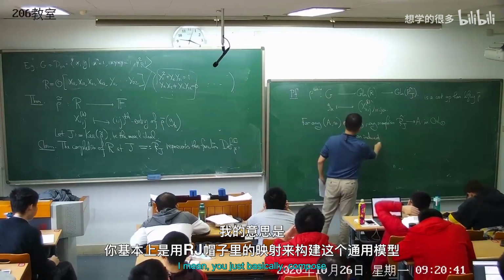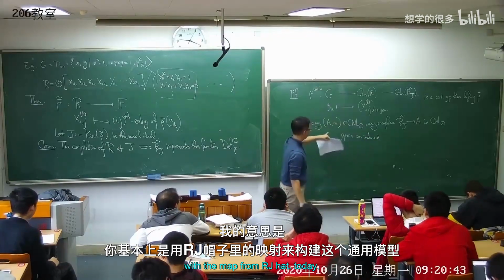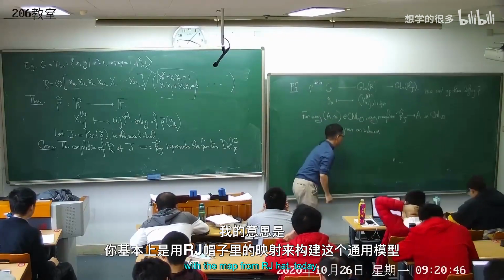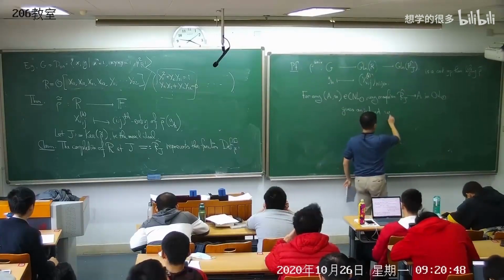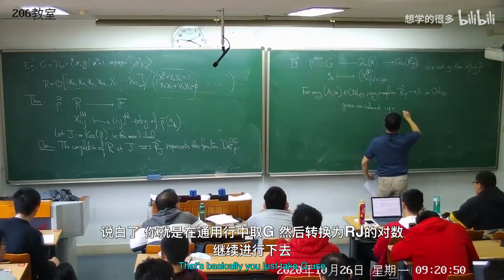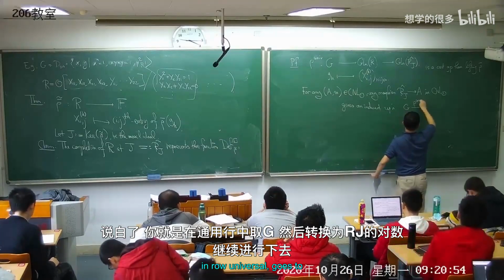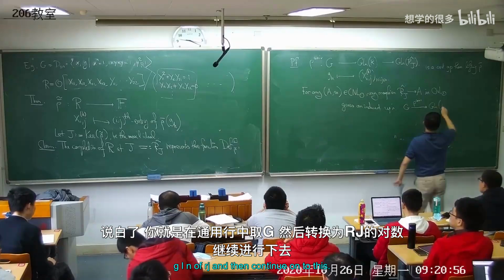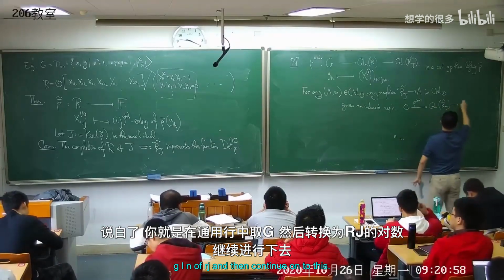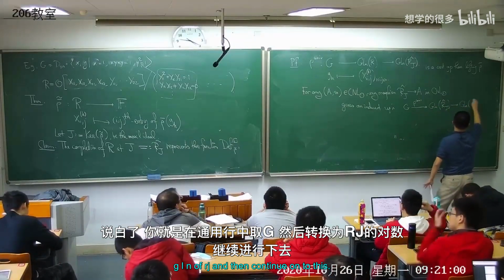You just compose the universal one with the map from R_J hat to A. So basically, you just take G, use rho universal, go to GL_n of R_J hat, and then continue on to A.